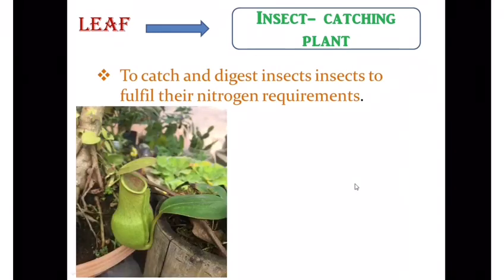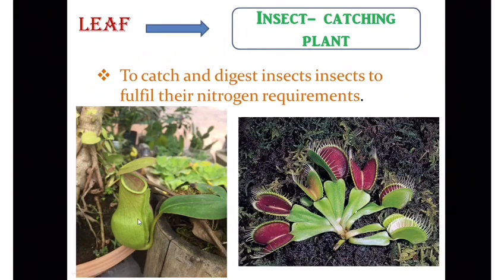Here the entire leaf blade gets modified into a pitcher-shaped structure to catch and digest the insect for the protein requirement. So this is the leaf base, this is the petiole, and the entire leaf gets modified into a pitcher-shaped structure.